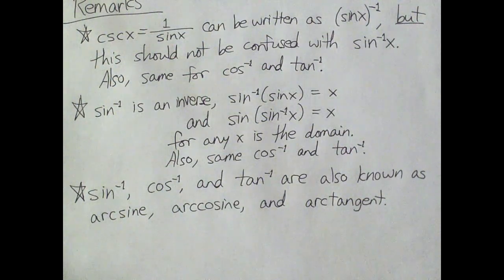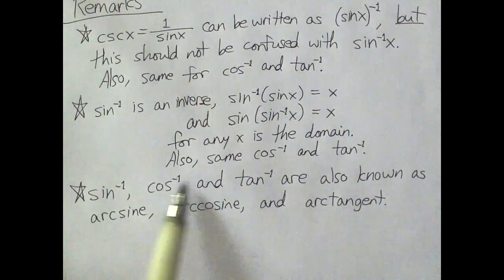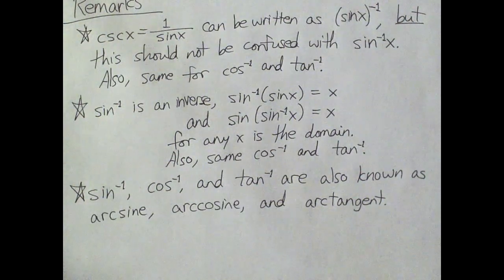I actually just picked up my calculator to see what it calls them, and my calculator does refer to them as sine with the little -1, cosine with the little -1, and so on.